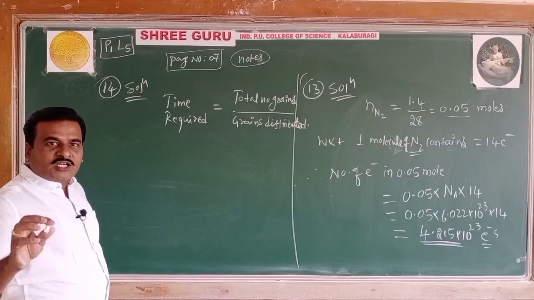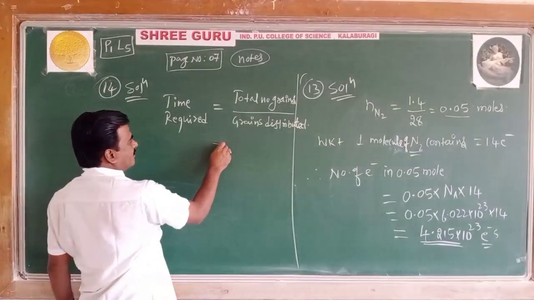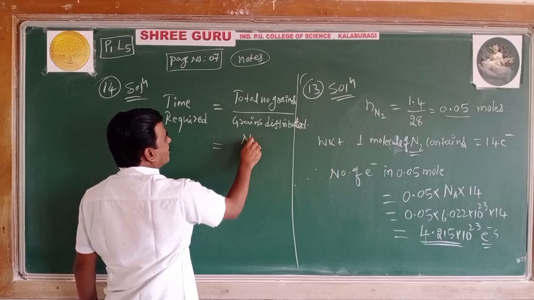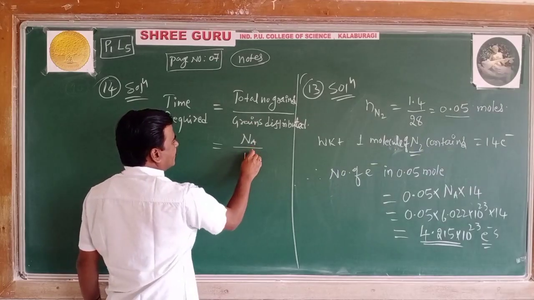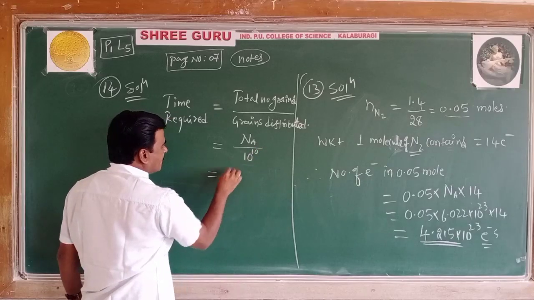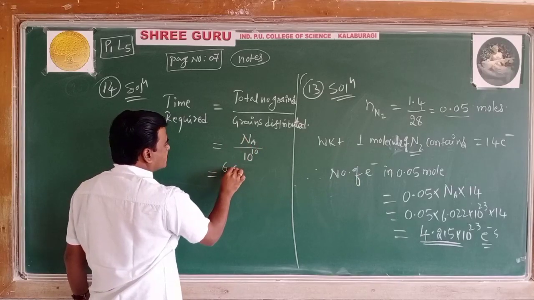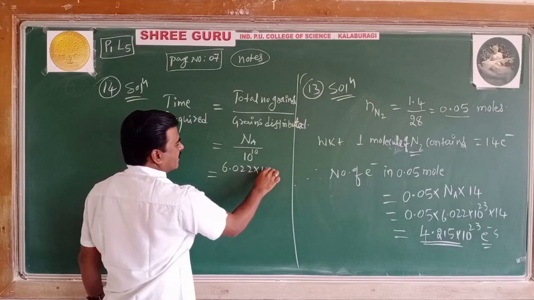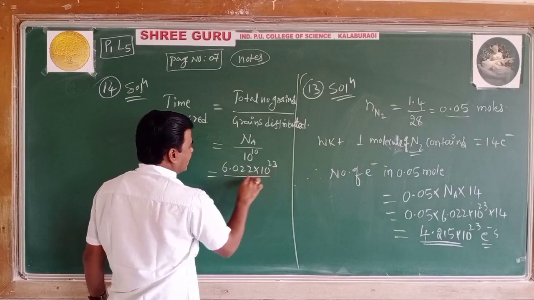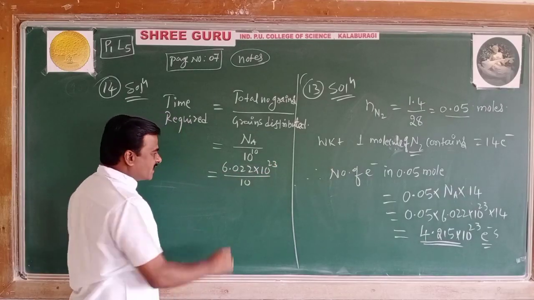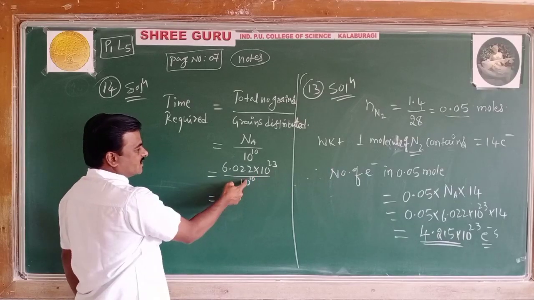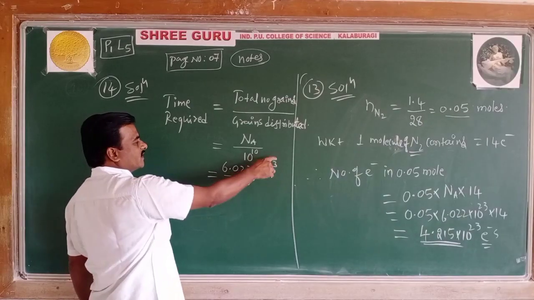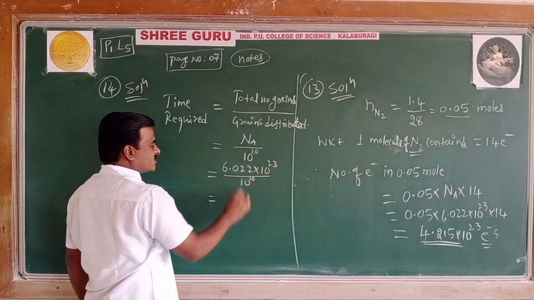So what are the total number of grains? Avogadro number. You have Avogadro number. And the grains are distributed 10 to the power 10. Come on, now what is Avogadro number? 6.022 into 10 to the power 23 divided by 10 to the power 10. This 10 goes plus 10 when it goes to numerator, minus 10.